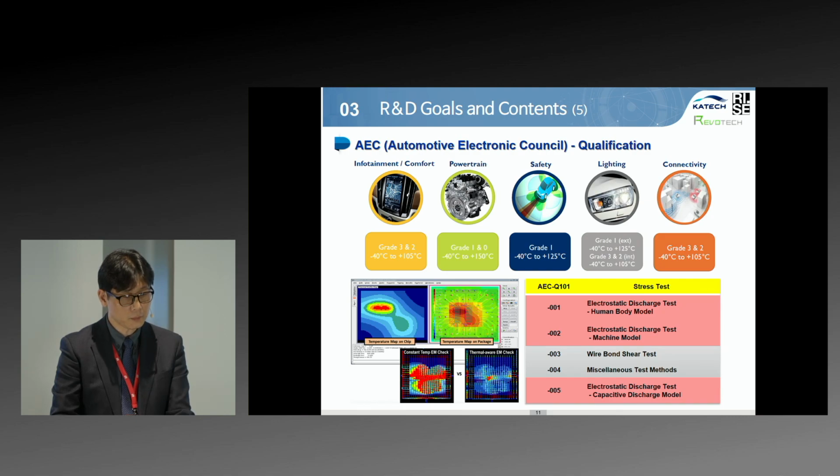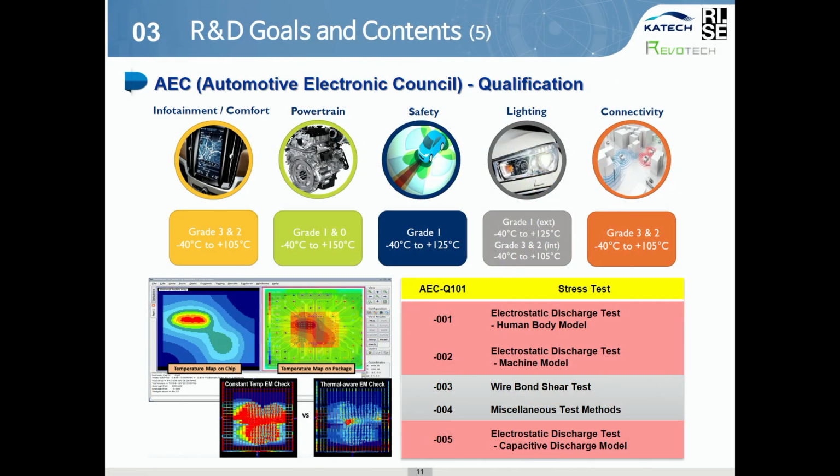In automotive safety applications, AEC grade 1 is required to operate from -40 degrees to 125 degrees. An important feature of the HV assessment test is that it must specify the electrostatic discharge, ESD, requirement. 3 out of 5 items are ESD items, and there is an important reliability issue.